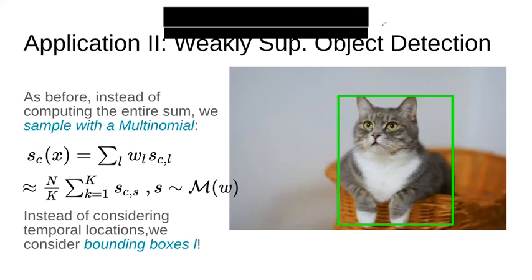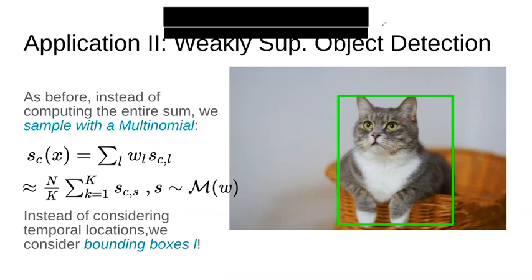computing the entire weighted sum of all the scores of bounding boxes in an image, we can approximate it by sampling. And again, we could sample uniformly, but it's even better if we sample based on the importance of each bounding box.